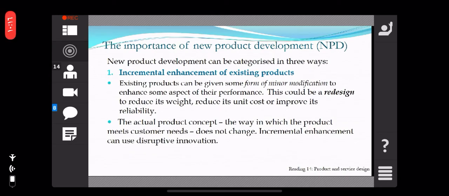This could be a redesign to reduce its weight, reduce its unit cost, or improve its reliability.